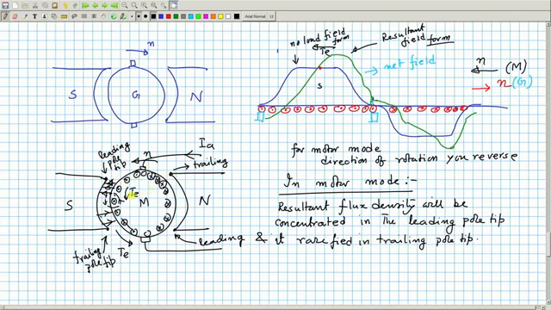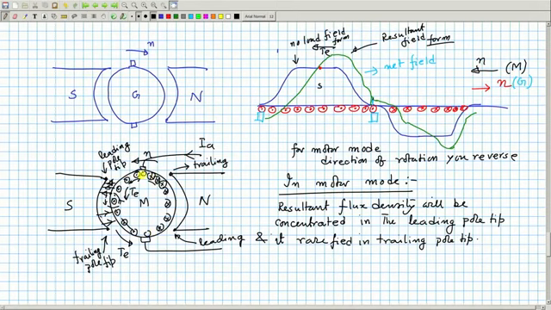Got the point? Because of this cross and dot, there will be a flux here, because this portion of the conductors has not been nullified. So the compensating winding at best can do maybe 70%. If this length divided by this length is 0.7, 70% of this armature MMF can be compensated.